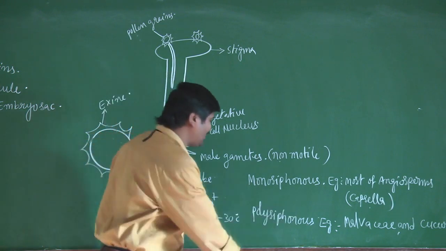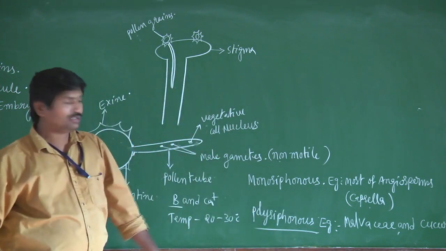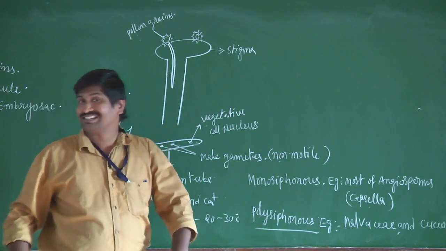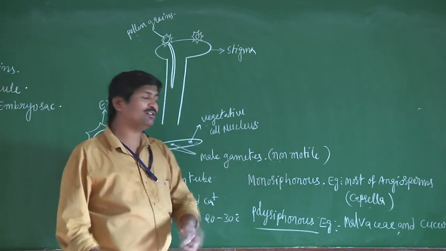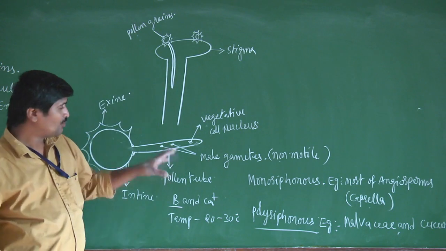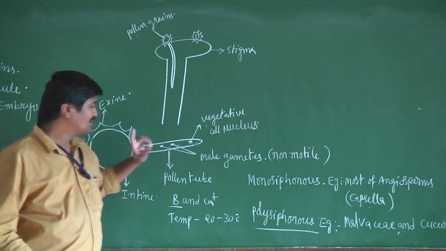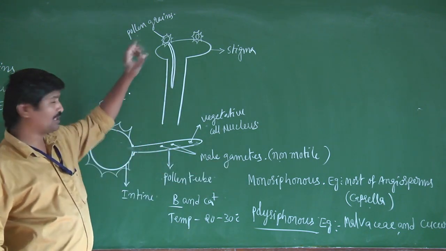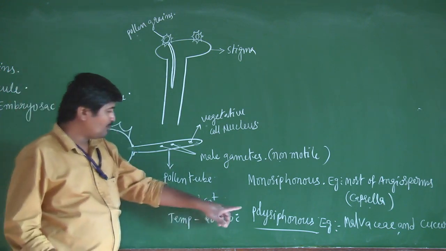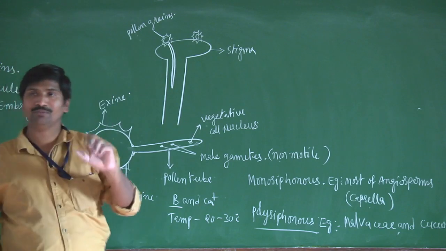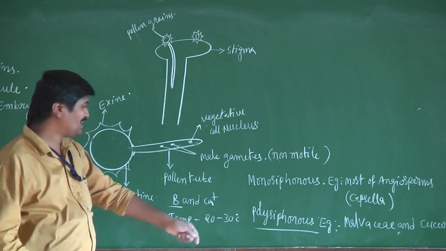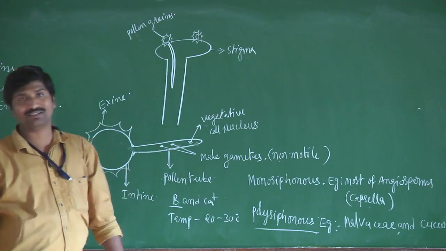In these two families the polysiphonous condition is found. Most of the angiosperms have the monosiphonous condition. What is meant by monosiphonous? One pollen tube is developed from each pollen grain. What is polysiphonous? More than one pollen tube is developed from the pollen grain.